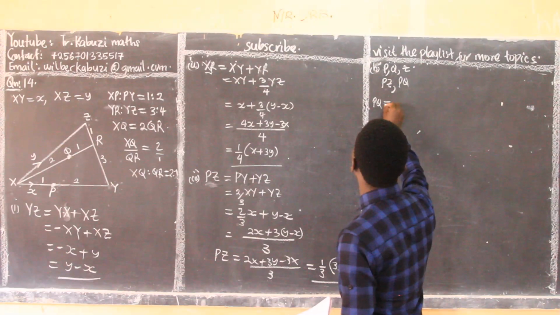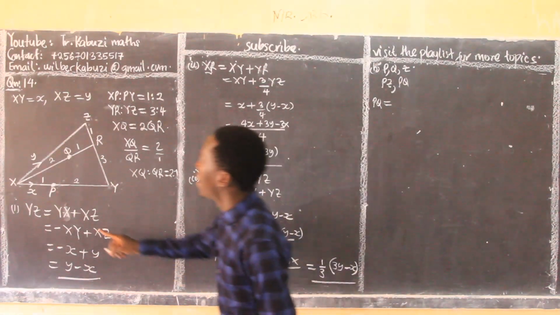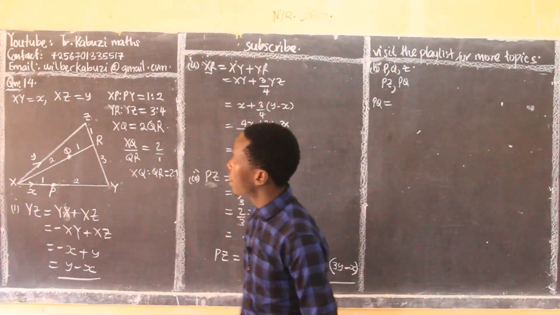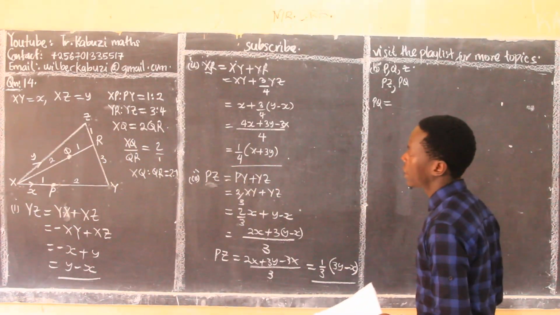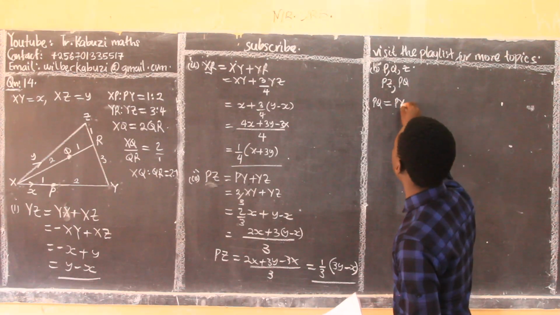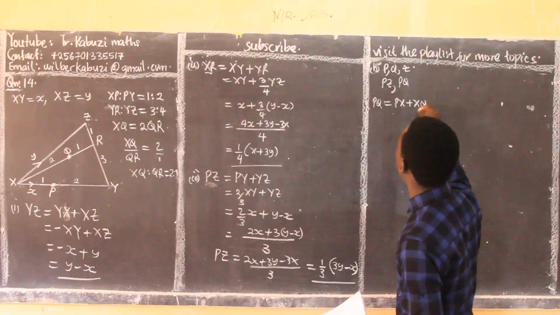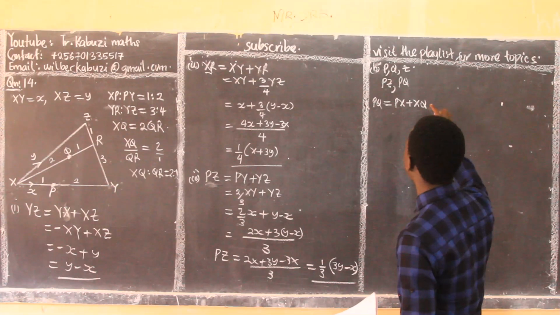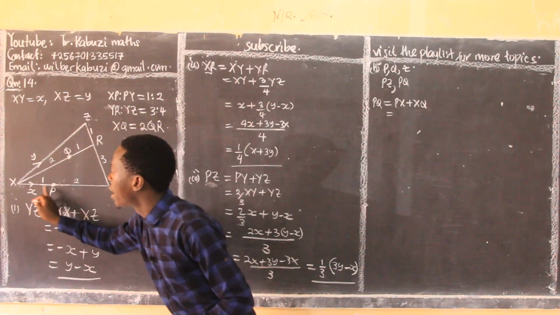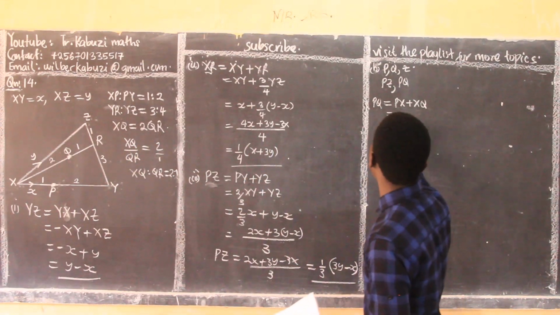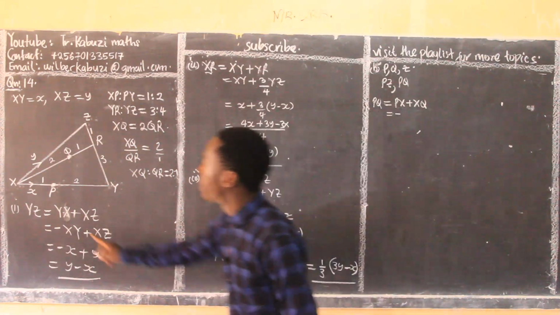My PQ is going to be from here. My PQ is going to be PX plus XQ. P first, Q last. So my PX, you start PX, I'm changing the direction, so it's going to be negative. You see I'm opposing this direction.